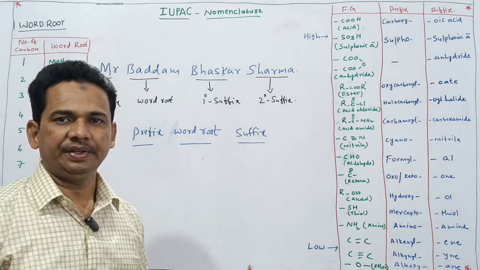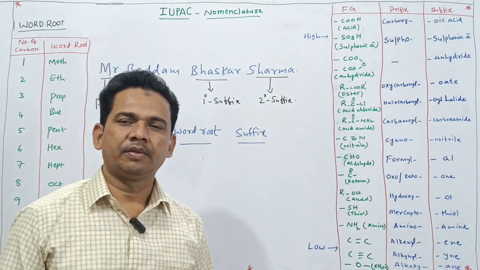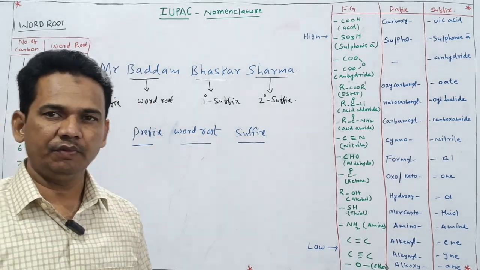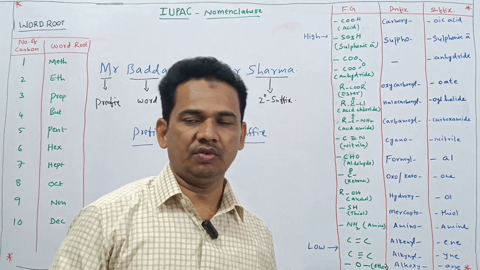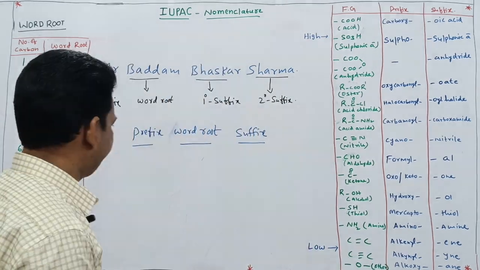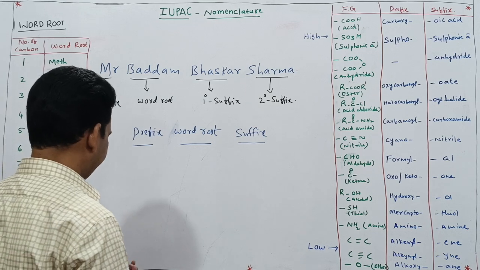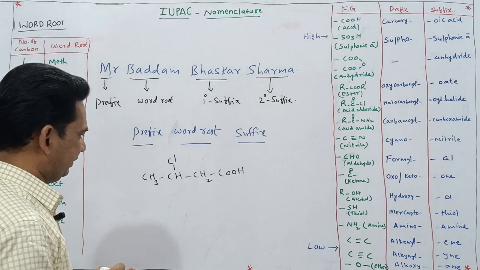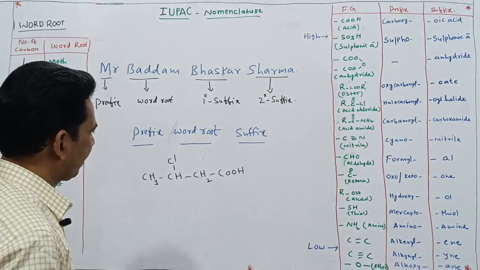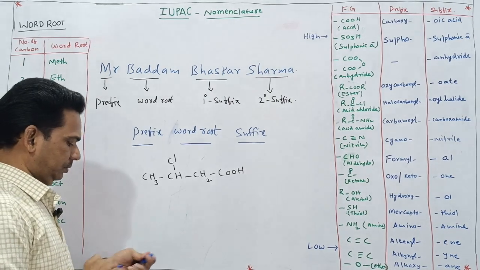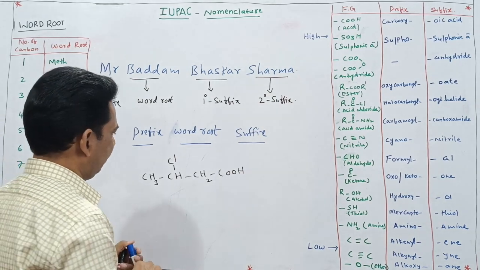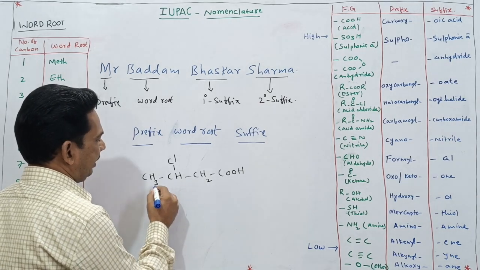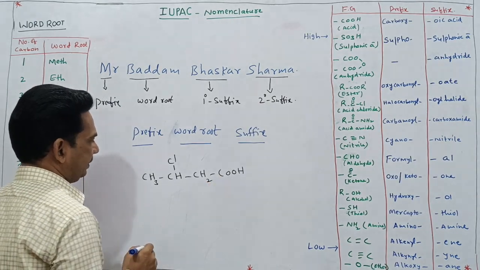When it comes to the prefix, which we fix before the word root, let me give one example. Just see this example. When it comes to its name, it has 4 carbons.